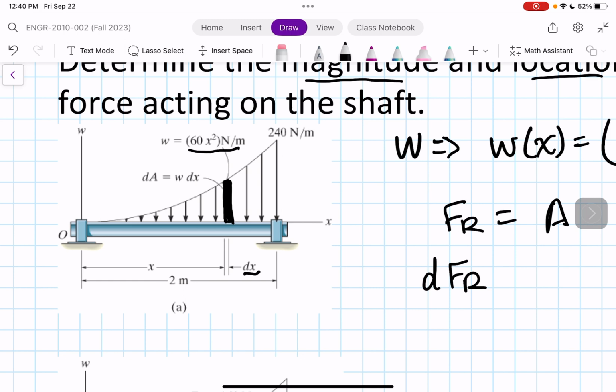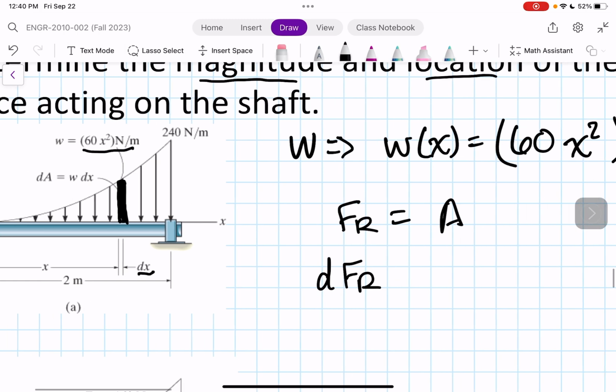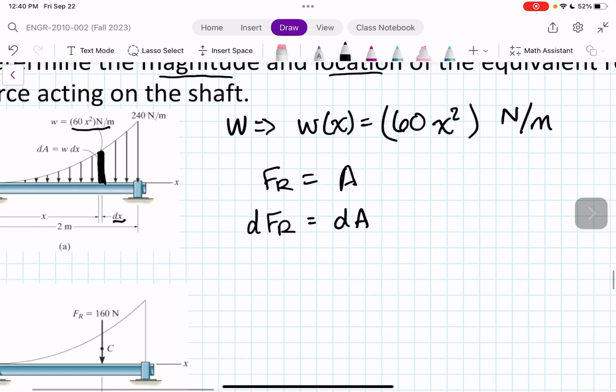If we add together all of these different rectangles, that gives us the total area. So the total resultant force is found by adding up each tiny rectangle over this area, which we do with the integral.